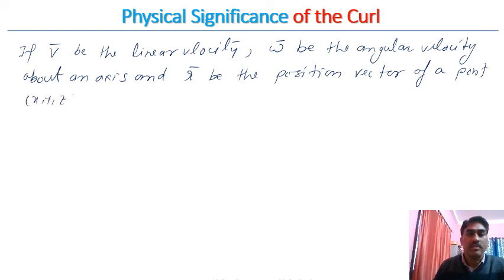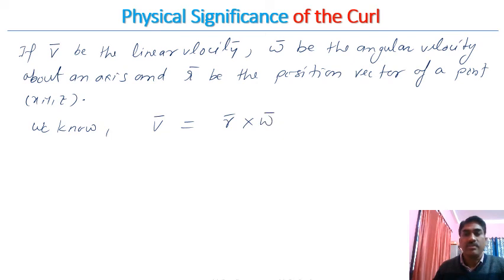Of a point x, y, z means a point at which the angular velocity is omega, linear velocity is v, and its position vector is r. So all the three things are taken for a particular point. So if these are the things, we know that v is given as r cross omega.